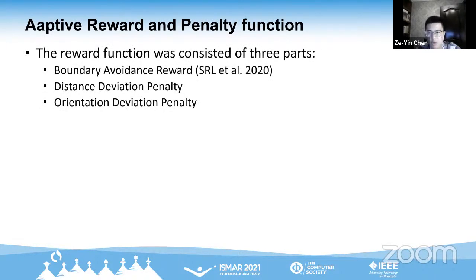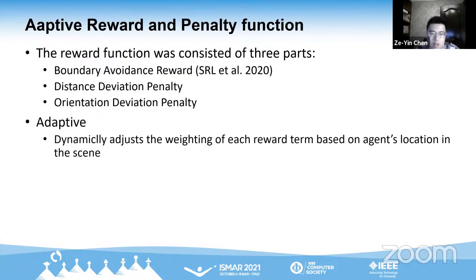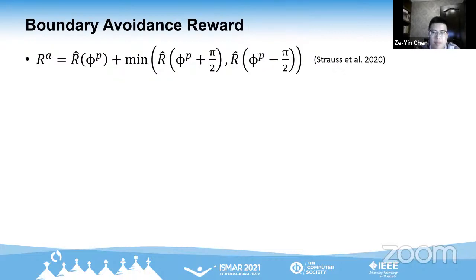The reward function for this experiment consists of 3 parts: the boundary avoidance reward, the distance deviation penalty, and the orientation deviation penalty. The weight factors of the 3 rewards are also adaptively adjusted according to the change of the agent's relative location in the scene. Boundary avoidance reward was first proposed by Strauss.